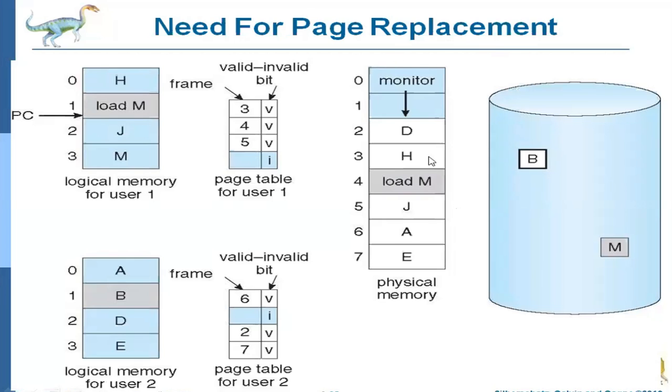If the memory is full, it will select any one page that is not in use, and that page is swapped out to the disk. This is page replacement, from main memory to disk and disk to main memory.